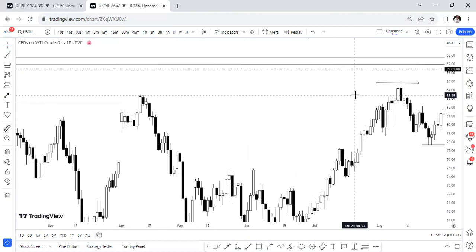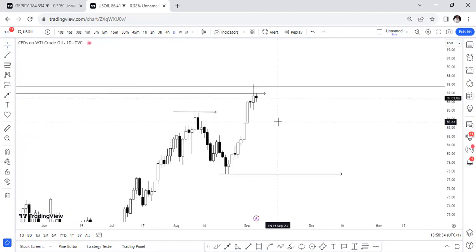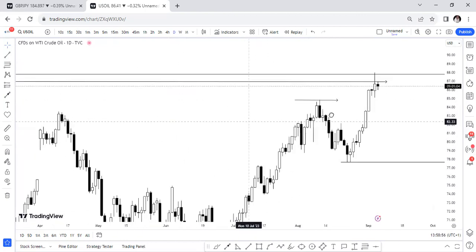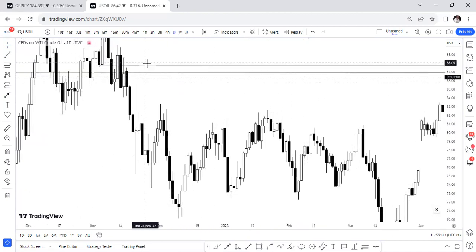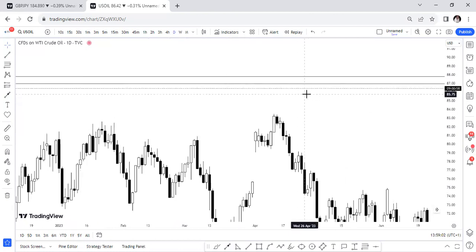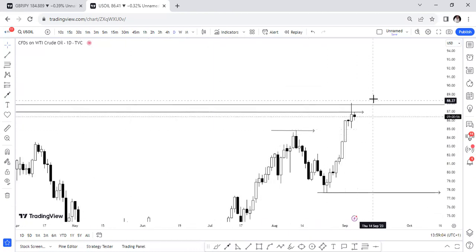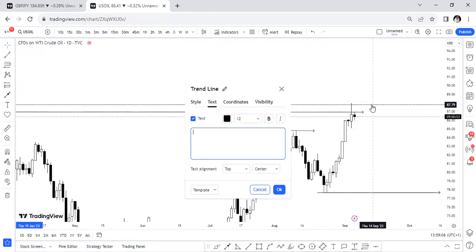So you can see where the price is, where the reaction is coming from. It's coming from these 4 hour SNR.